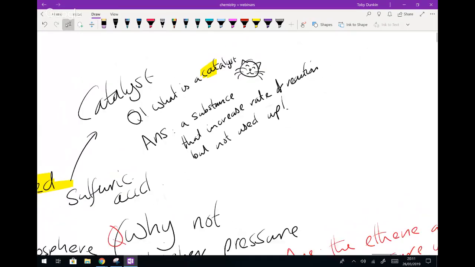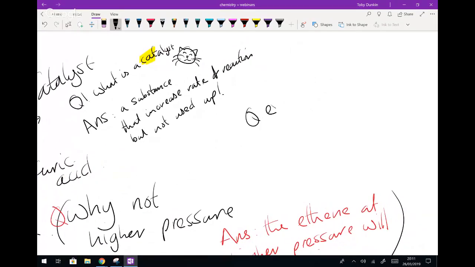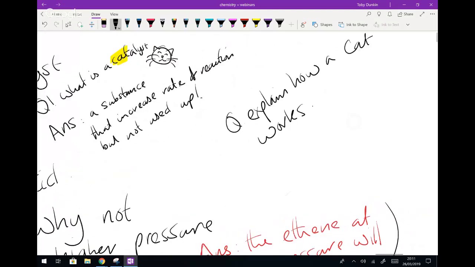The second question for catalyst is: explain how a catalyst works. Not the same question.